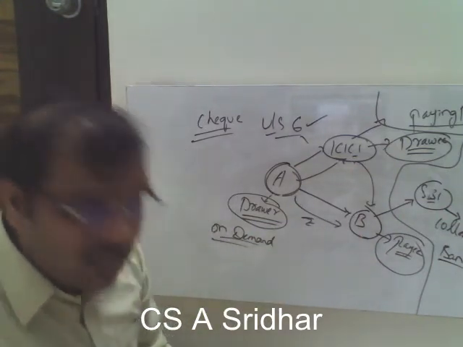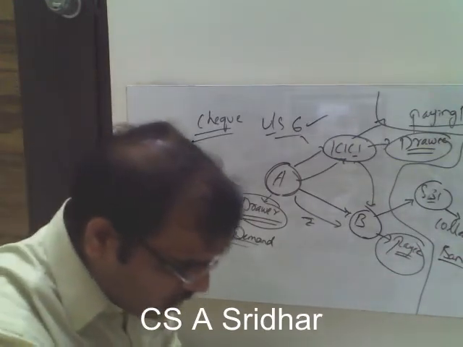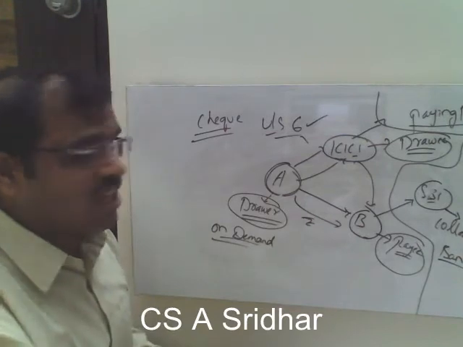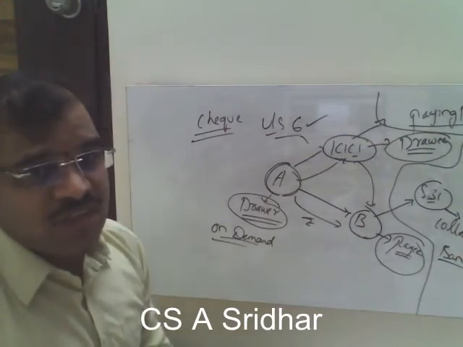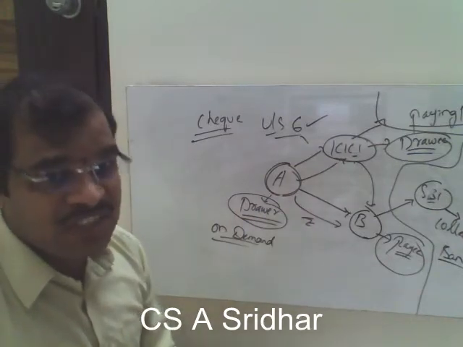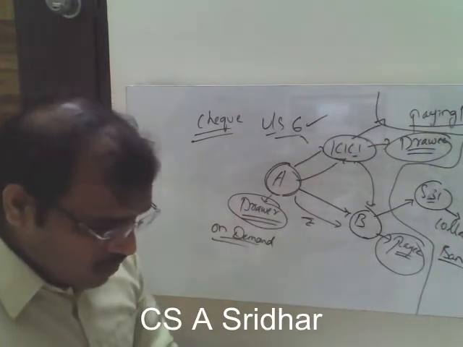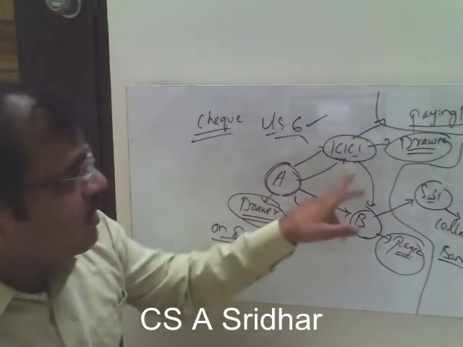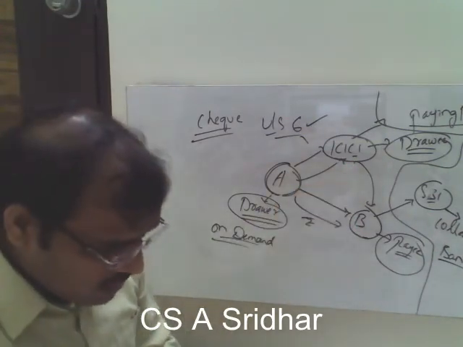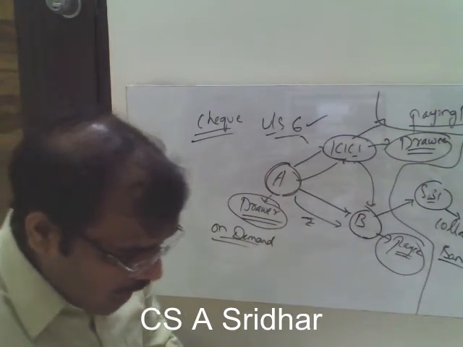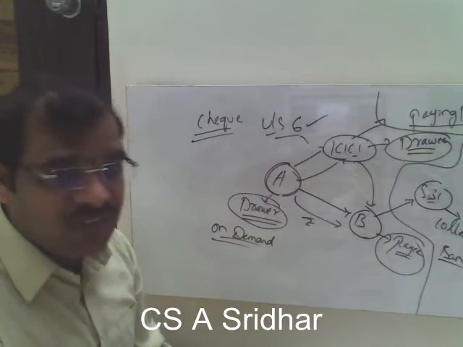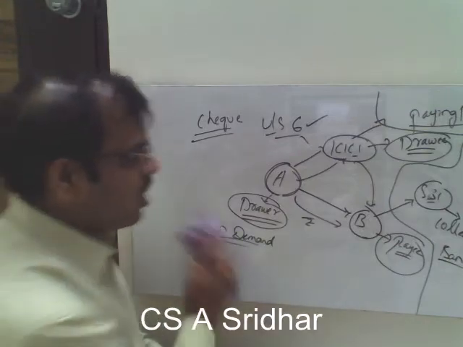And it includes electronic image of truncated check and the check in electronic form. So if you observe the definition of check, it says that check is a bill of exchange. Already we have discussed the meaning of bill of exchange. Bill of exchange drawn on a specified banker. So ICICI Bank here is the specified banker, drawn on a specified banker and payable on demand, and it includes electronic image of truncated check and check in electronic form.